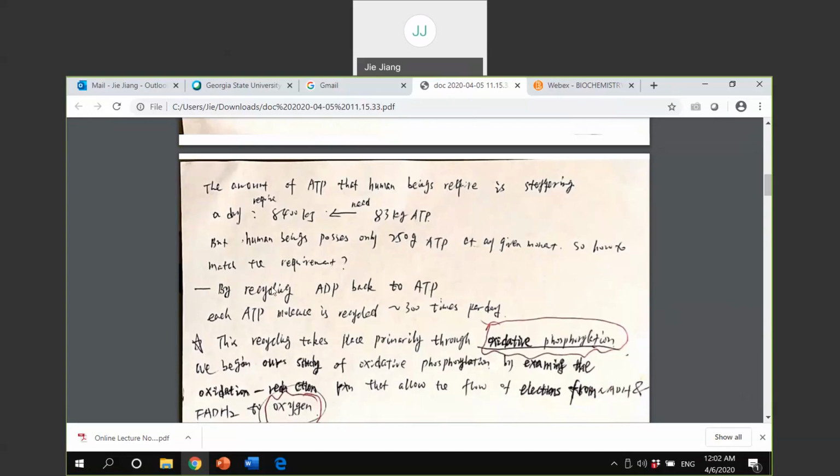The only way is to recycle the ADP back to ATP, because when you hydrolyze ATP, you form ADP. If we can use this ADP to synthesize ATP again, then we can generate more energy. This can be done in a very short time. Each ATP molecule is recycled 300 times per day.